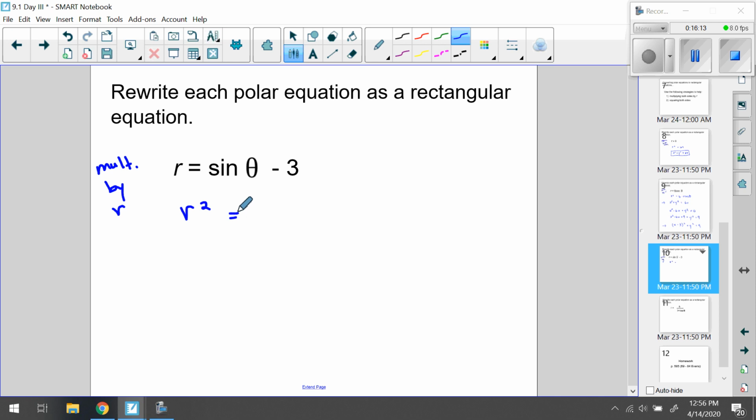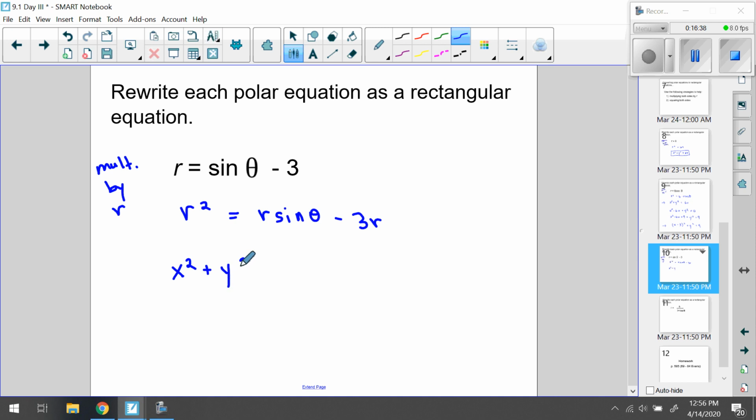So I get r squared equals, and you can say r times the quantity, or if you want to, I think I'm going to go ahead and distribute that r. So I'm going to say r sine theta minus 3r. And so the next move I think would be to make some substitutions here. So r squared, we've used a few times, is x squared plus y squared.